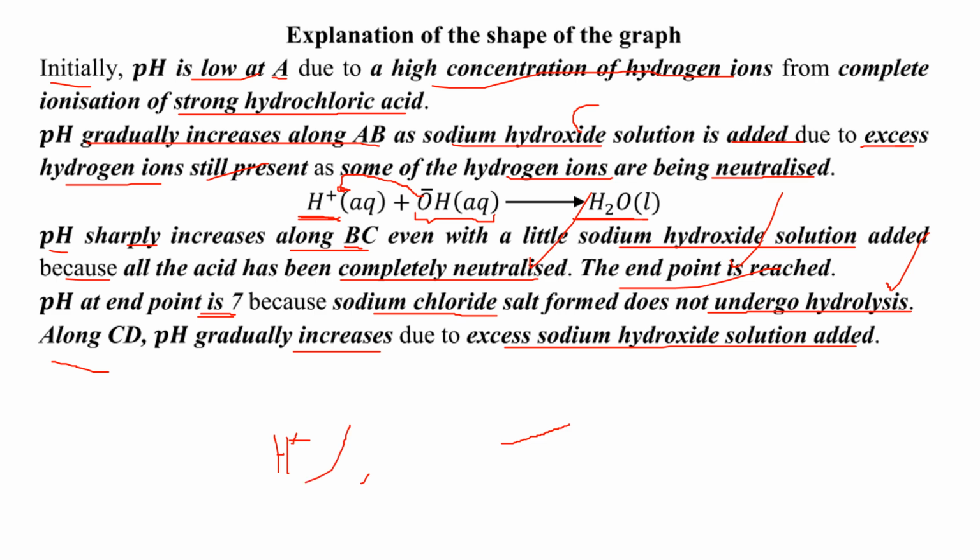So if we are adding excess sodium hydroxide, we are increasing hydroxide ion concentration, and you are reducing the hydrogen ion concentration to the minimum, which means that our pH is going to be gradually scaling up. pH only decreases when hydrogen ion concentration is increasing. But when hydrogen ion concentration is decreasing, pH is always levelling up.